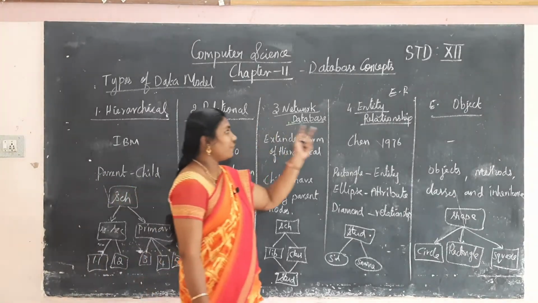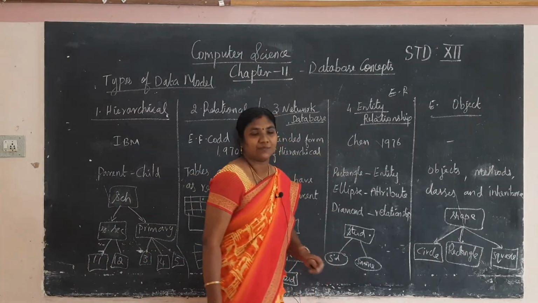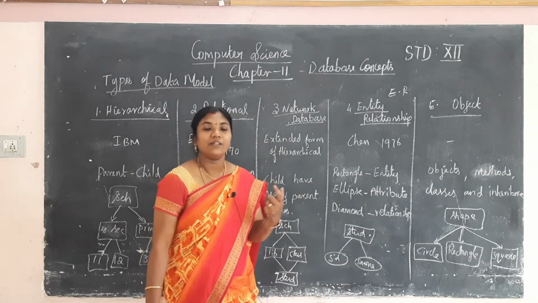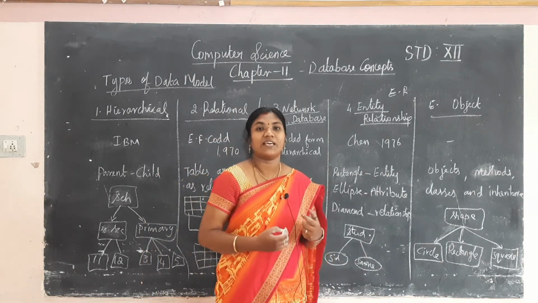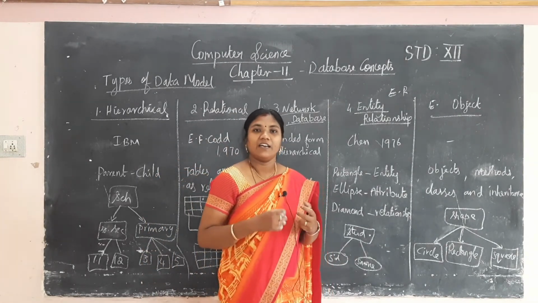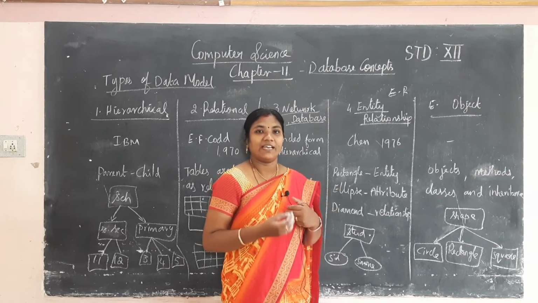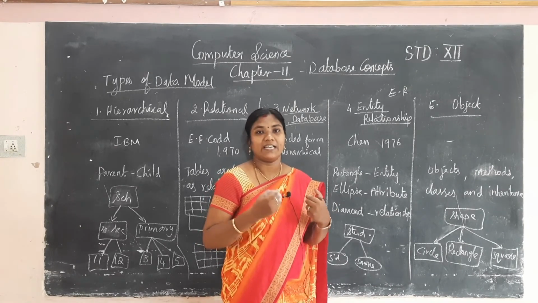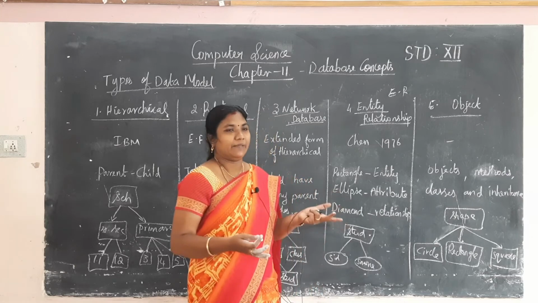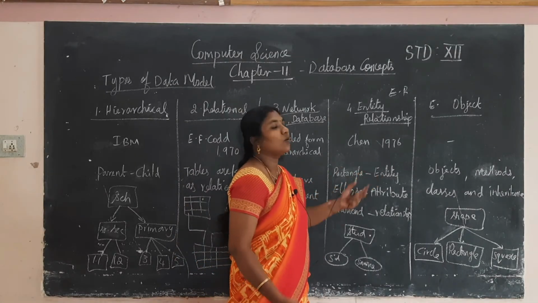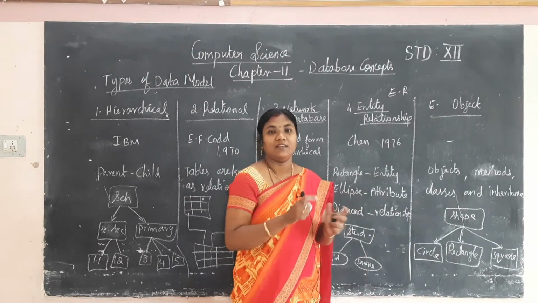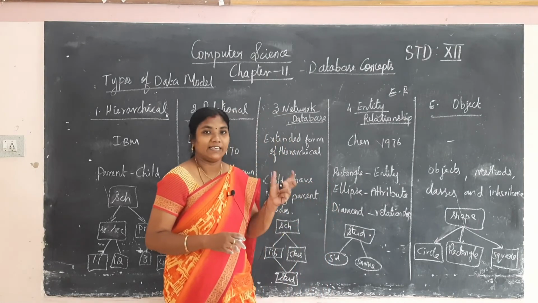The fourth one is the entity relationship, which is also a main topic. We say ER diagram, entity relationship diagram, or ER relationship. What do you mean by entity? The entity is the main part, what is happening, that is a table.